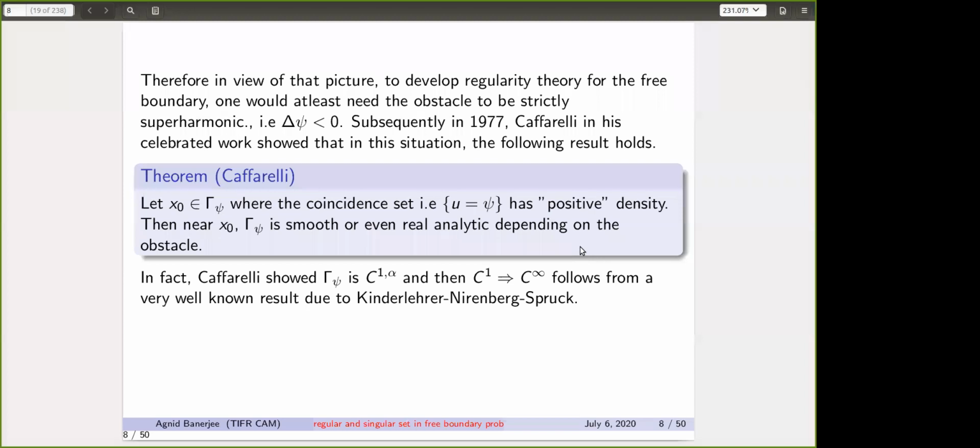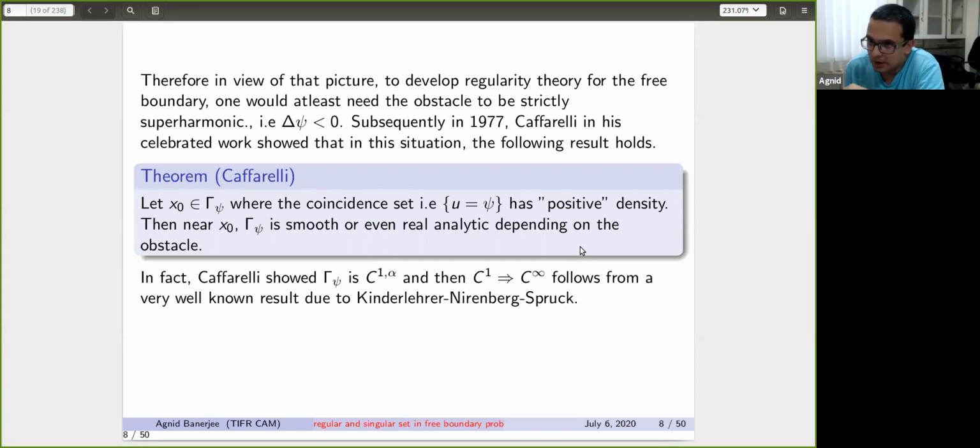Excuse me, I have a question. This theorem holds when psi is superharmonic. Strictly superharmonic, okay, because the previous picture that I had suggested that if the superharmonicity degenerates on the contact set, that is to say it touches the solution in a harmonic fashion, then the boundary of that set can be very wild, because I can always pick some closed subset where there was a priori no contact, and then push up the obstacle to touch precisely there.